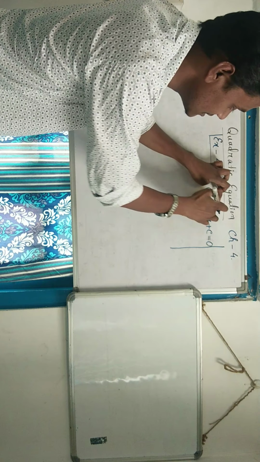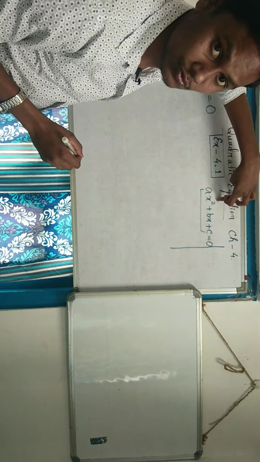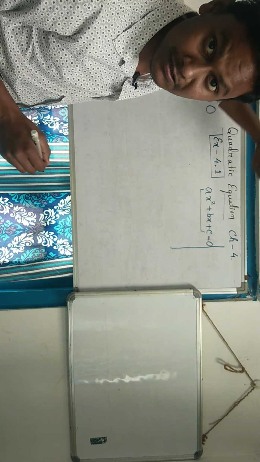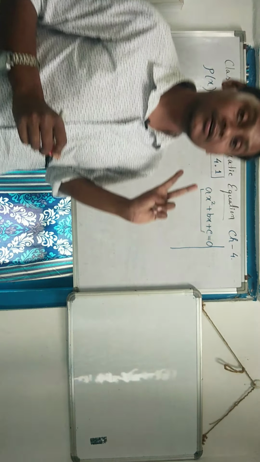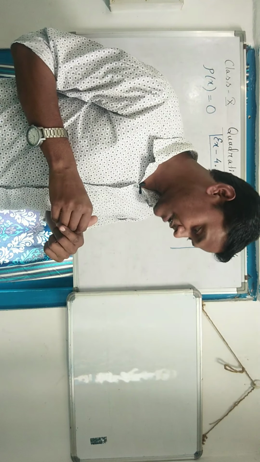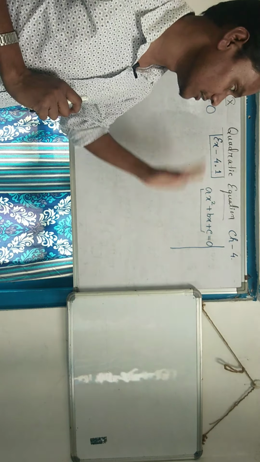If I observe the degree of this polynomial, the degree is 2. So this kind of equation, where the degree should be 2, is called a quadratic equation.